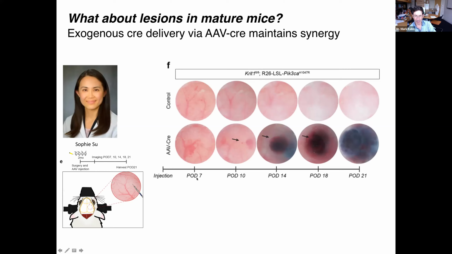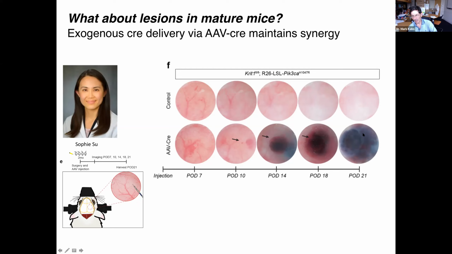And this is post-op day 7 through 21. What we're looking at here is this cranial window that's been made in the side of the skull of the mouse. And we're looking at 7 to 21 days after we inject the CRE virus in with a needle. And what you see is not much happens for about 10 days. By 14 days, we can see really the tip of an iceberg of a large, massive lesion.